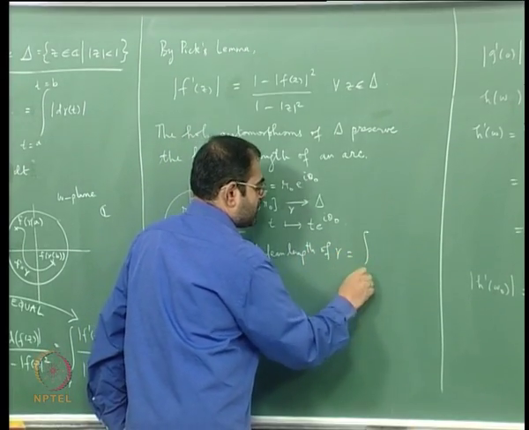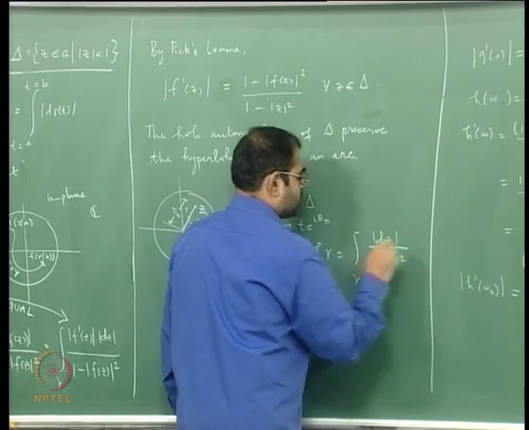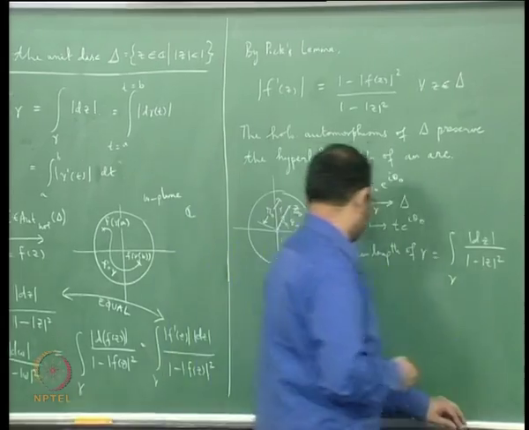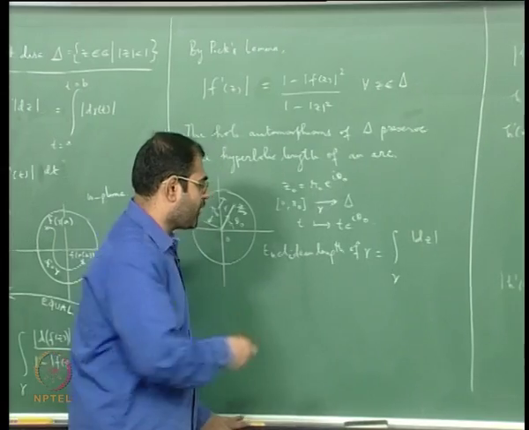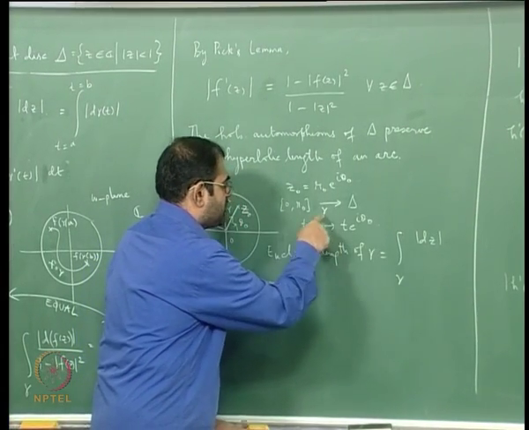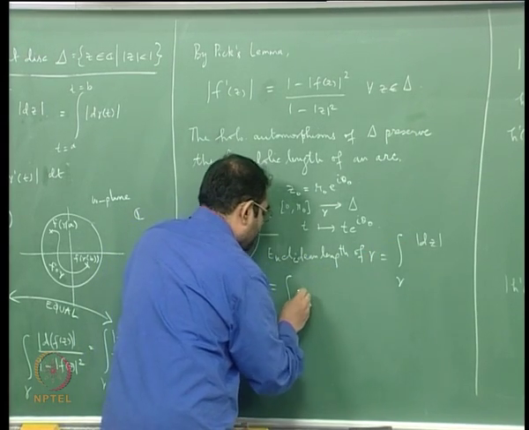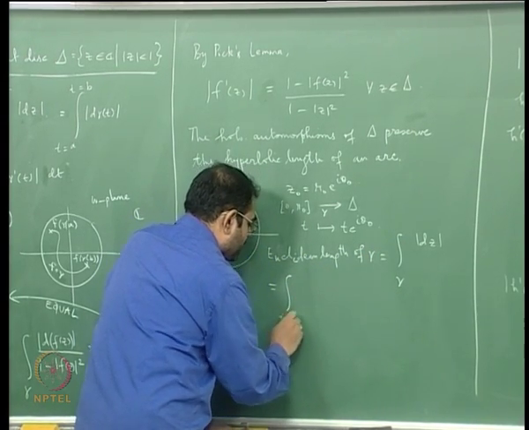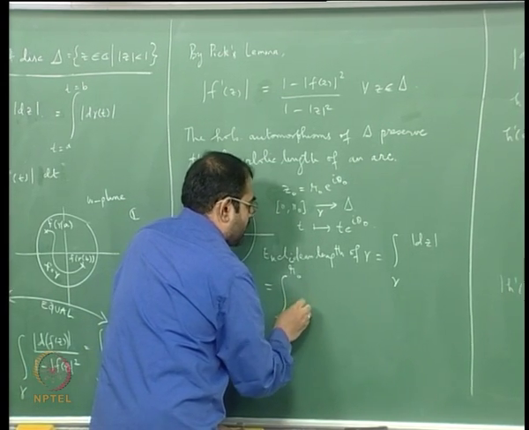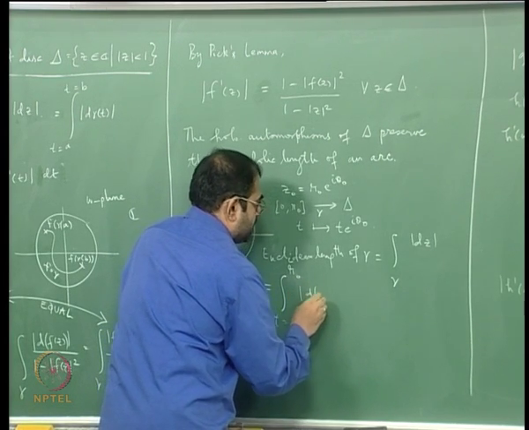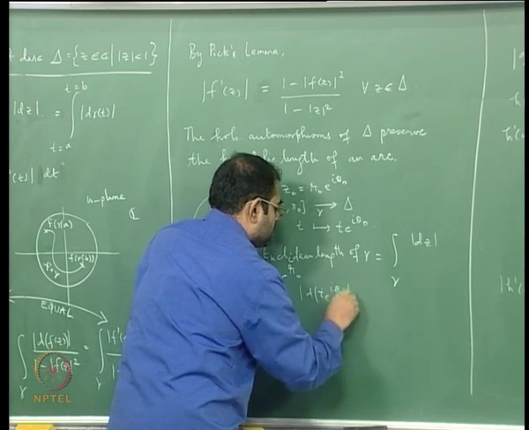It is going to be the integral over gamma of mod dz. I should not put the denominator, it's just mod dz. If I substitute z equal to gamma of t, I get t from 0 to r0, and mod d of gamma of t, where gamma of t is t e power i theta naught.